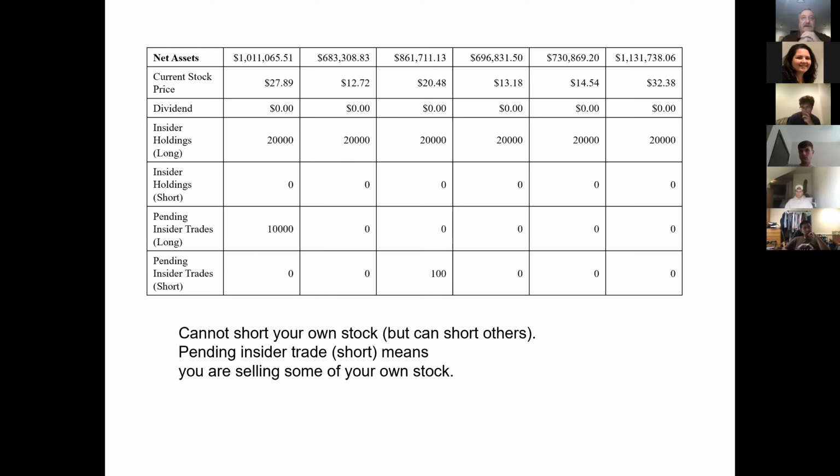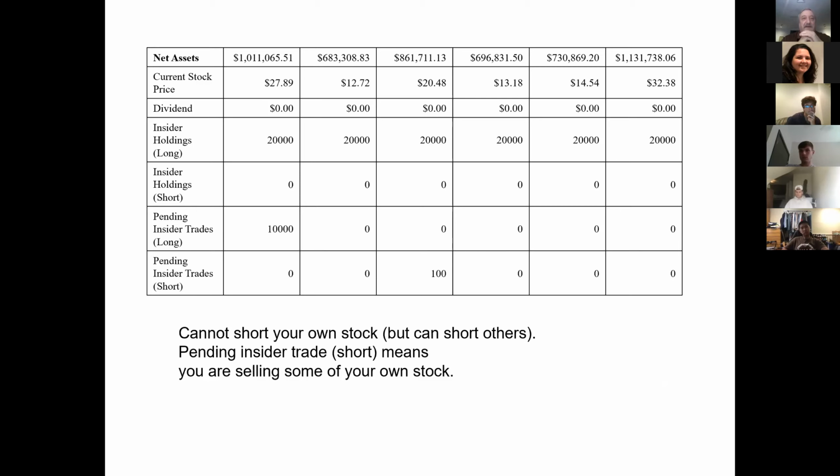So let's say you decide at the beginning of the game that you're going to sell all 20,000 shares of your stock, right at the beginning, right? That trade won't get executed until the next period. So if other teams are smart, they'll say, wow, look at these guys, they're selling all of their shares. Let's sell them short, because when they sell all their shares, their stock price is going to tank. And so we'll sell them short.